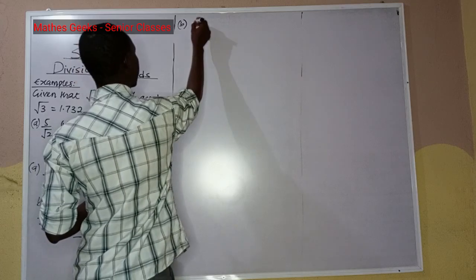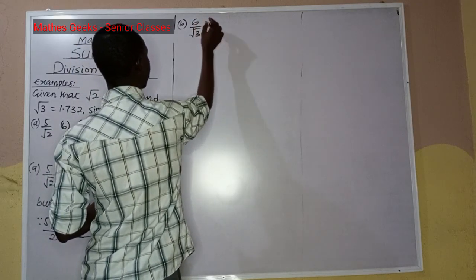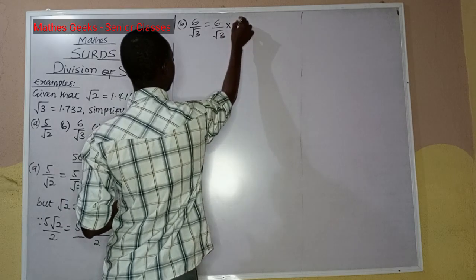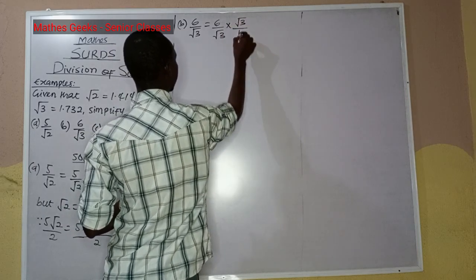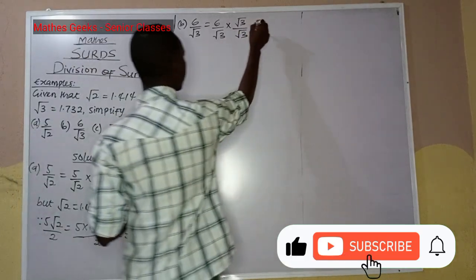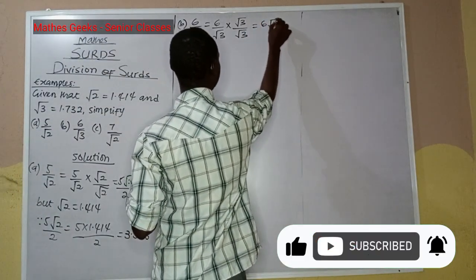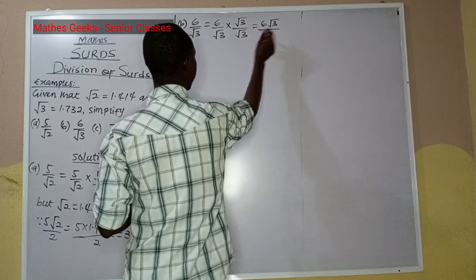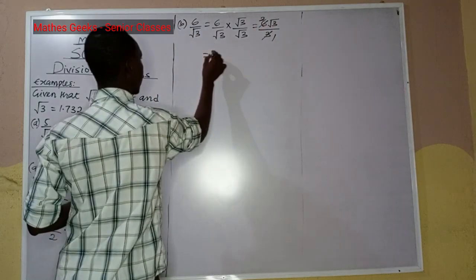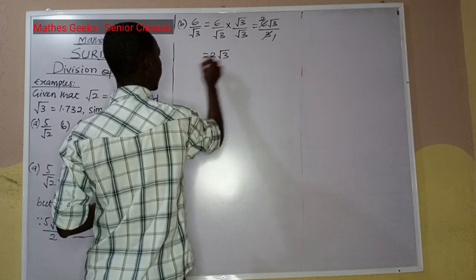B, 6 over root 3 is equal to 6 over root 3 times root 3 over root 3. And this will give us 6 root 3 over 3. 3 here 1, 3 into 6 is 2. So that will give us 2 root 3.